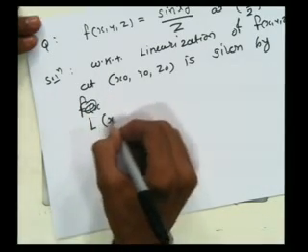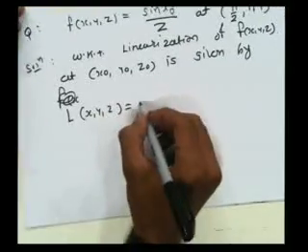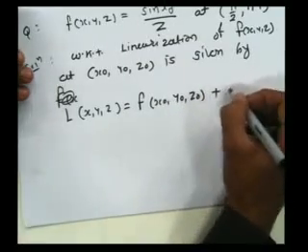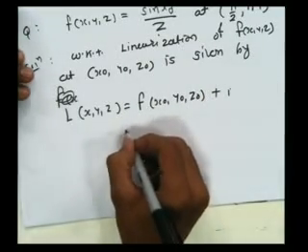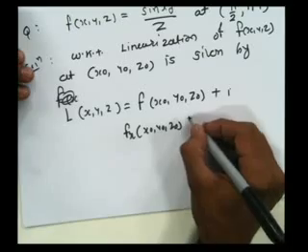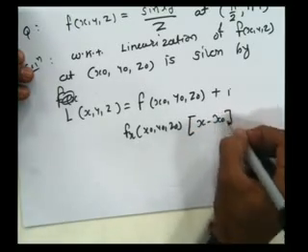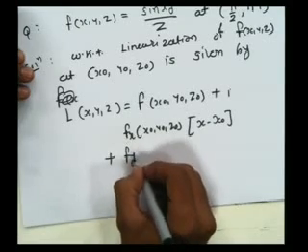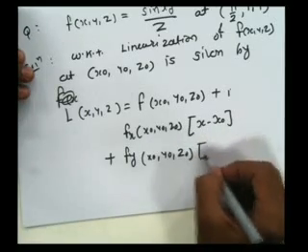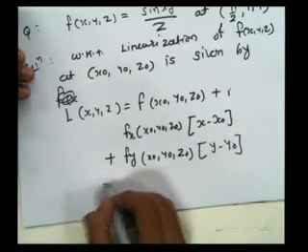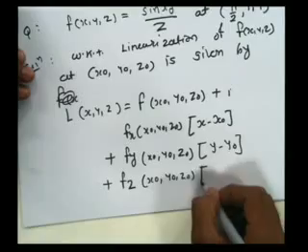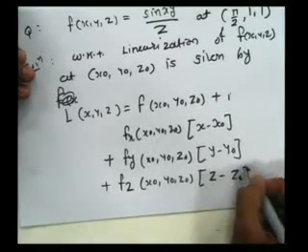L(x, y, z) = f(x0, y0, z0) + fx(x0, y0, z0)(x − x0) + fy(x0, y0, z0)(y − y0) + fz(x0, y0, z0)(z − z0).